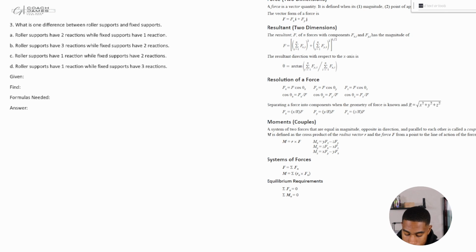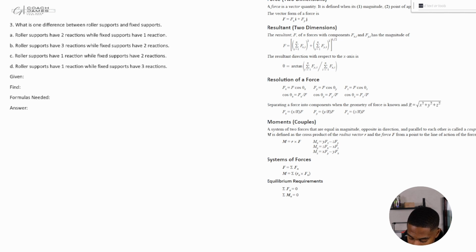What is one difference for number 3? What is one difference between roller supports and fixed supports? Okay, so they give me that I have a roller.